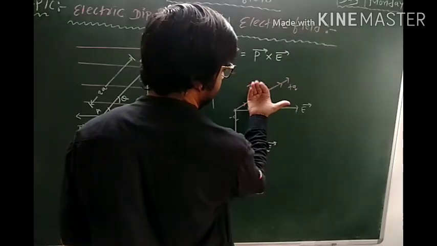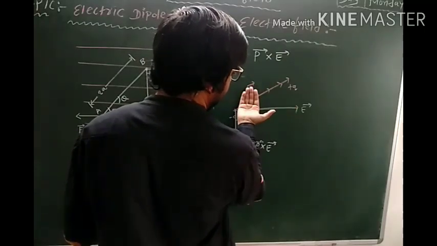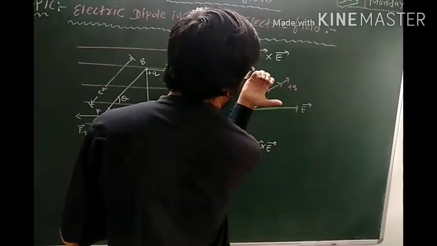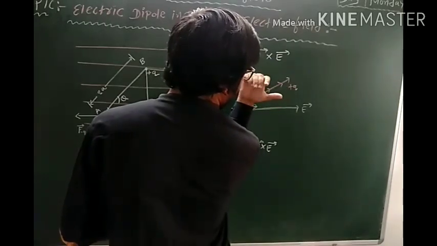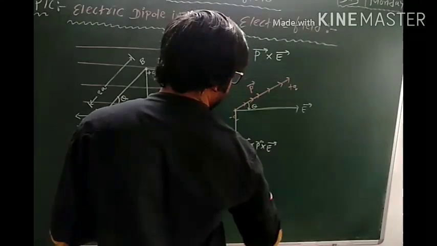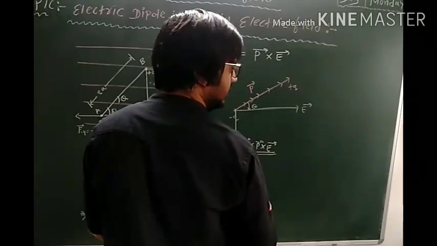See my finger, it is the right hand screw law, so we multiply p cross E. So we get the direction inward, inward to the board. That is how we get the direction of the torque.